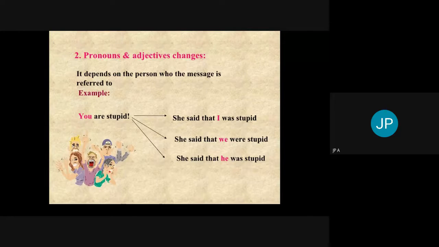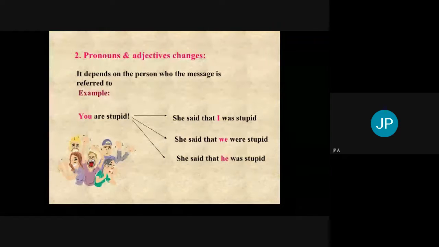For such questions, yes, Joffy, we can use whether or if. That is right. So Subhita asked whether. If she is asking me, I can say whether I could.